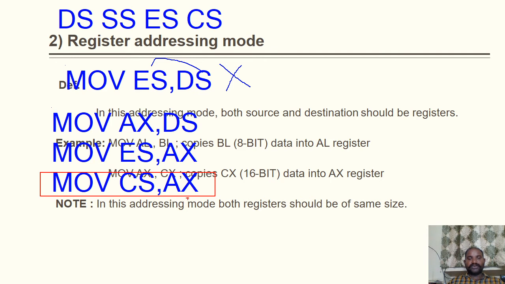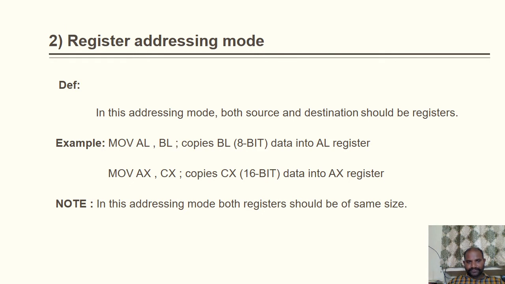Not only in register addressing mode, but everywhere, when you try to use CS as a destination register, it is not acceptable. So these are the rules and regulations in the register addressing mode.